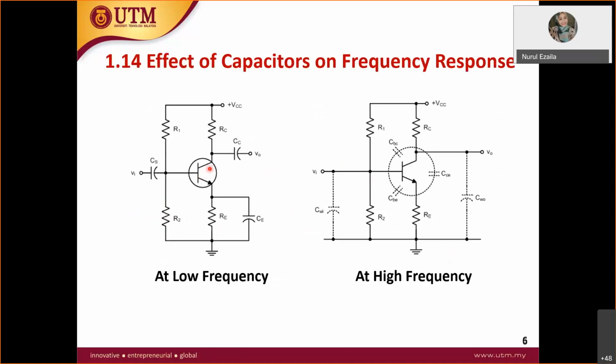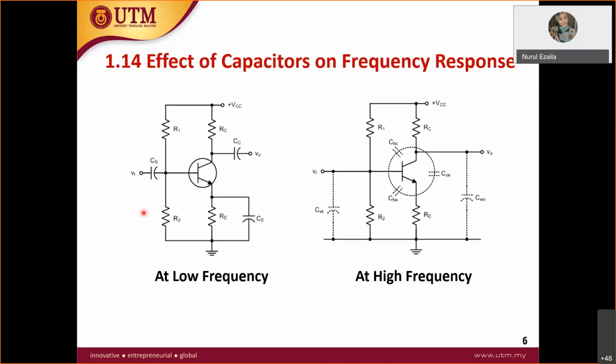In the circuit, you have all the capacitors. If you still remember, this is the common emitter. We have capacitors at the base, at the collector, and at the emitter. So at low frequency, we're not going to short circuit all these capacitors.